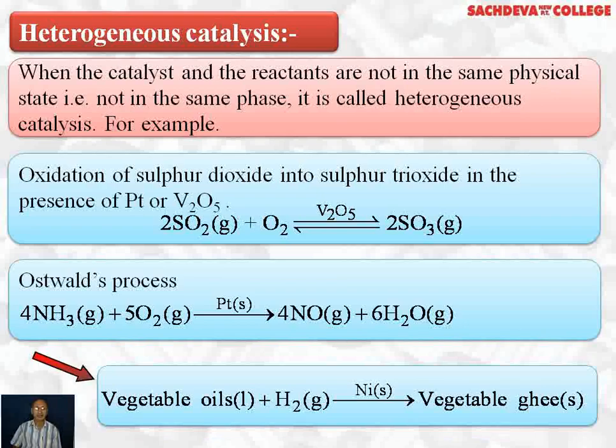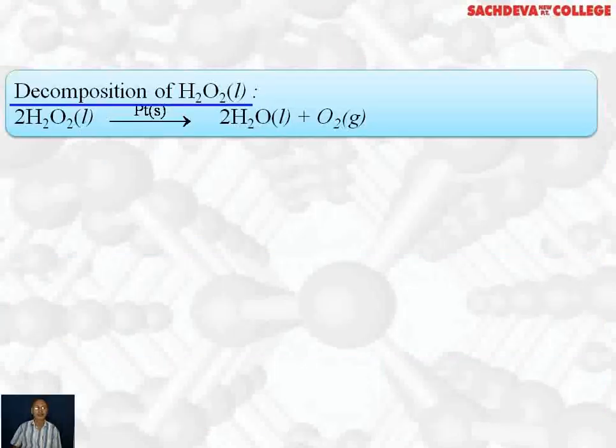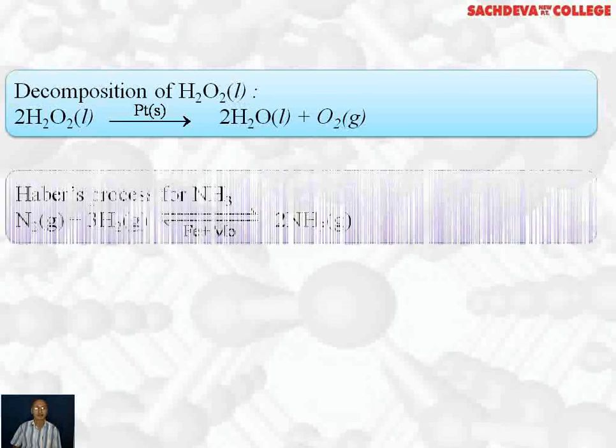If hydrogen gas is passed through vegetable oils in the presence of nickel solid as a catalyst, we get vegetable ghee. So hydrogenation of vegetable oils to form vegetable ghee is also an example of heterogeneous catalysis. Decomposition of liquid hydrogen peroxide in the presence of solid platinum is another example. Hydrogen peroxide on decomposition forms water and oxygen.